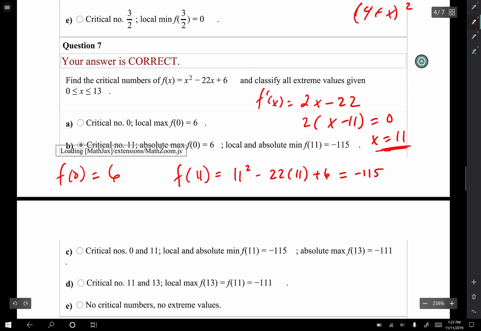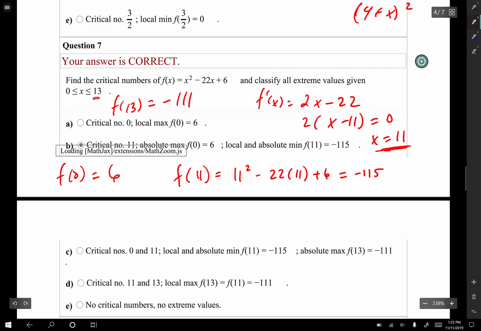And then you find out what f of 13 is. So f of 13 equals, and I guess I didn't calculate it. So let me calculate that real quick, guys. So 13 squared minus 22 times 13 plus 6. I got negative 111.